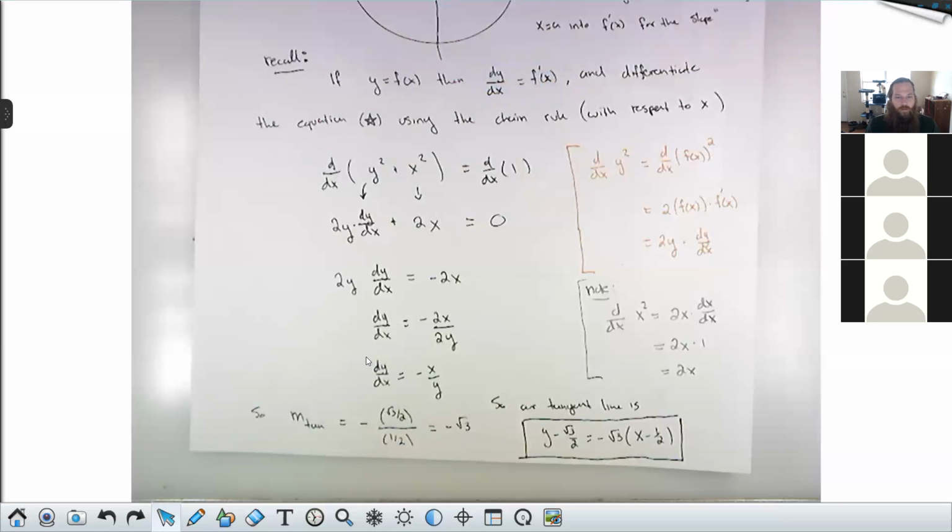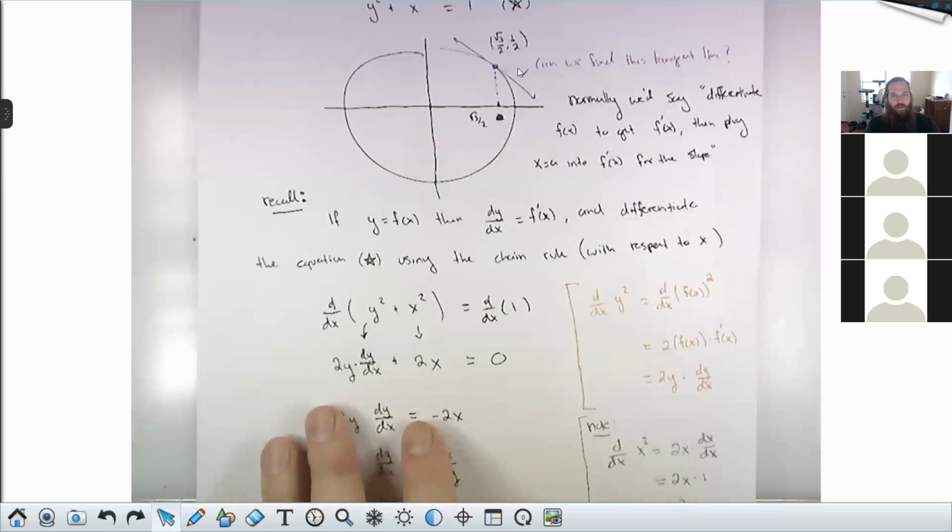So if I want to find the slope of the tangent line and I have dy dx, I just have to plug in the x's and y's that I need here. I just need to get the number out of this that is associated with that point on the curve. So what I wanted to do is find the slope of the tangent line at this point on the curve.